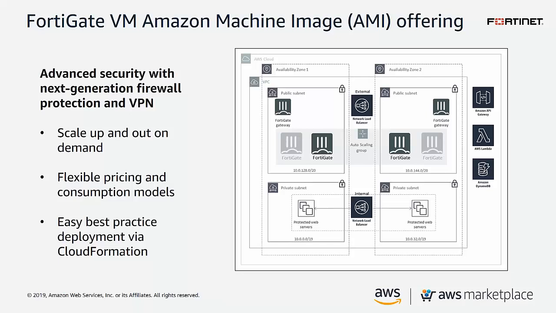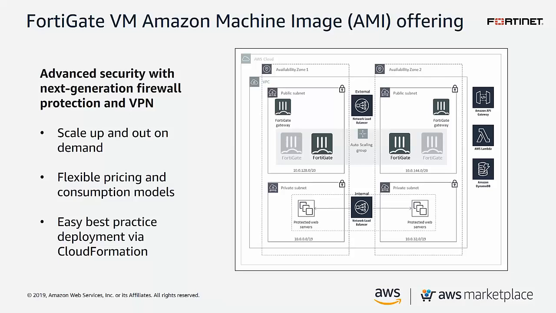Again, Fortinet is a good example of an AWS partner that has done the integration to be able to auto scale: the more web traffic you get, the more WAFs that can be deployed automatically by AWS on your behalf.